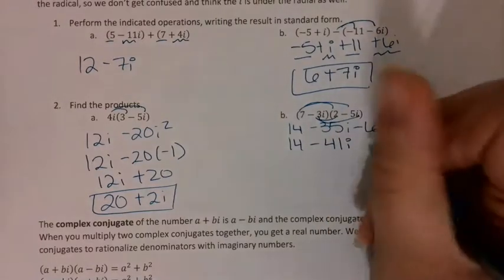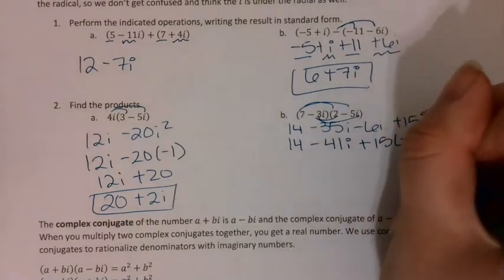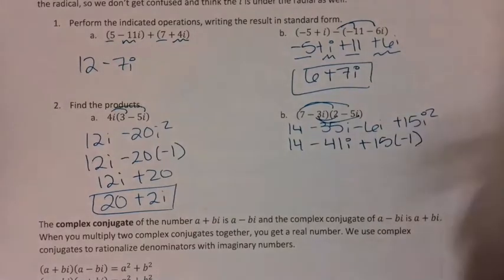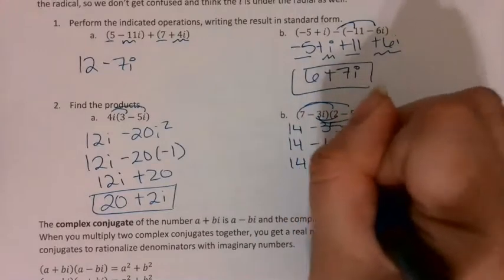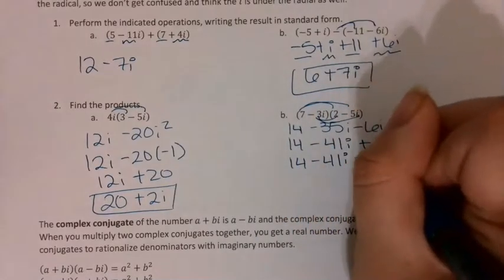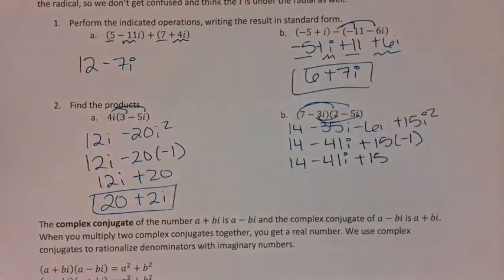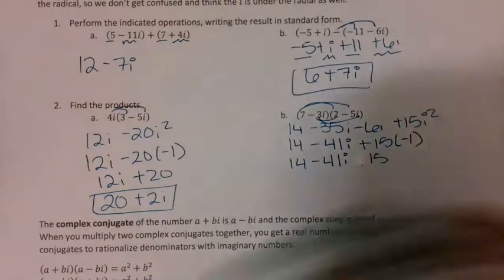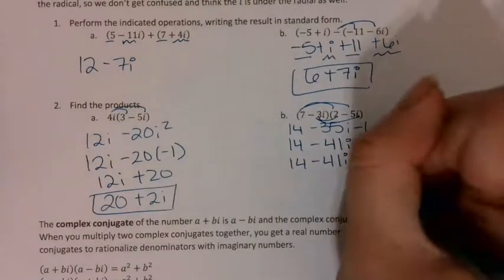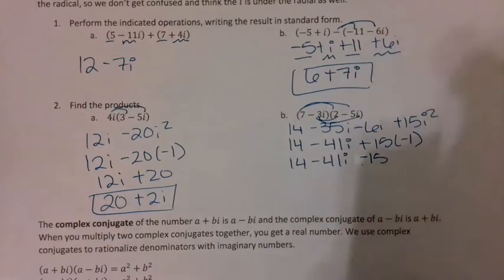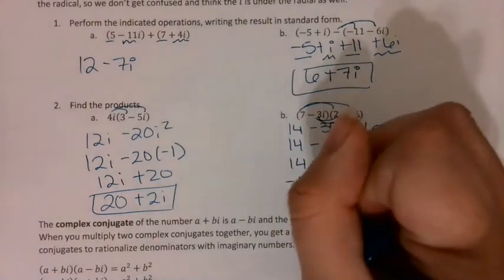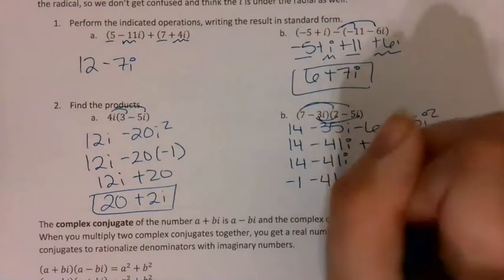Over here with the i squared, I'm going to rewrite that as a -1. Then I'm going to multiply the 15 by the -1. So I have 14 minus 41i plus 15. Actually, it should be minus 15 now because I multiplied. Okay, then I want to combine like terms. I have a positive 14 and a -15, which gives me -1 minus 41i.